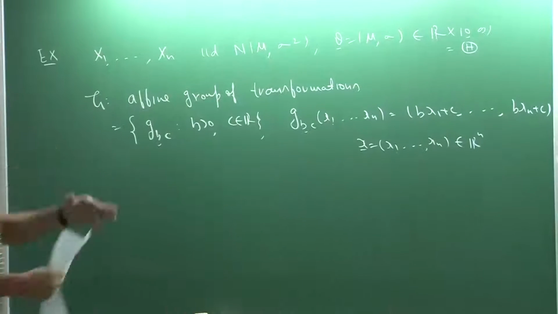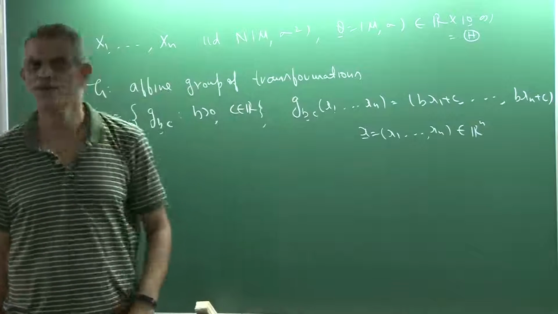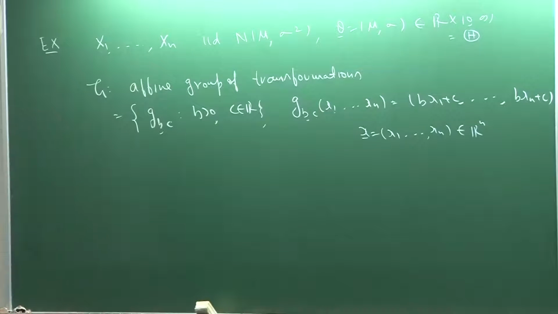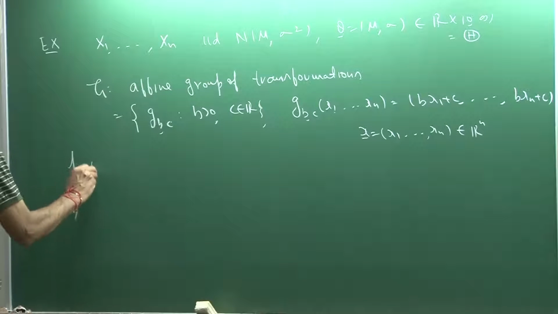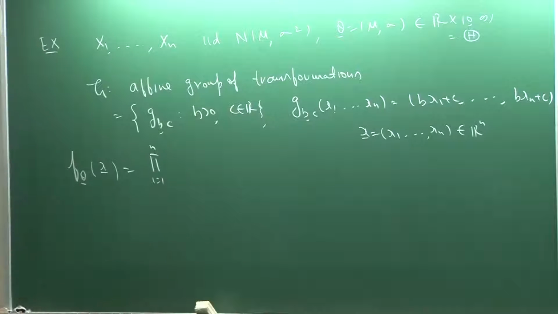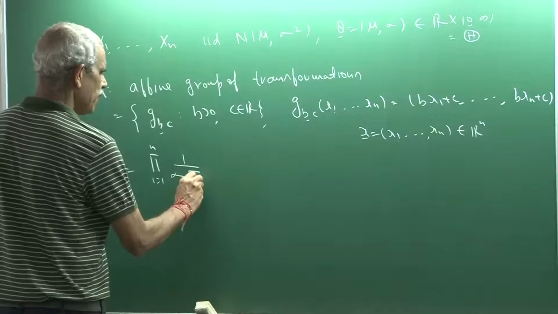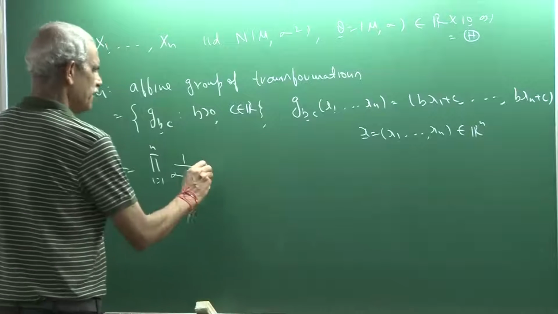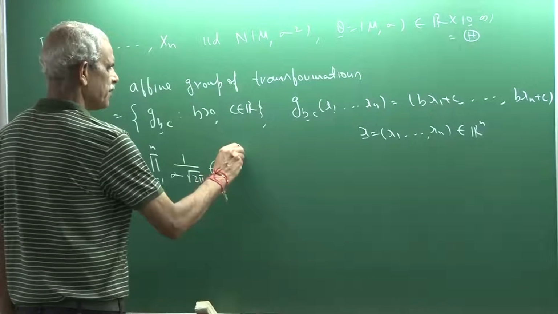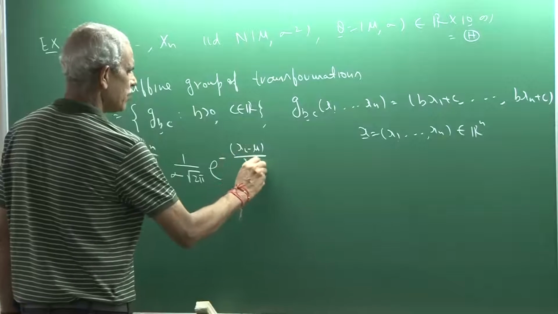So we have seen that under this affine group of transformations, the normal probability model, being a location scale probability model, is invariant. Why? Because you can look at the density here: f_theta(x) turns out to be the product for i equal to 1 to n of 1 by sigma root 2 pi, e to the power minus (xi minus mu) whole square by 2 sigma square.